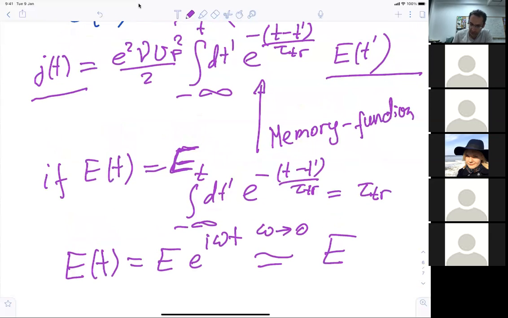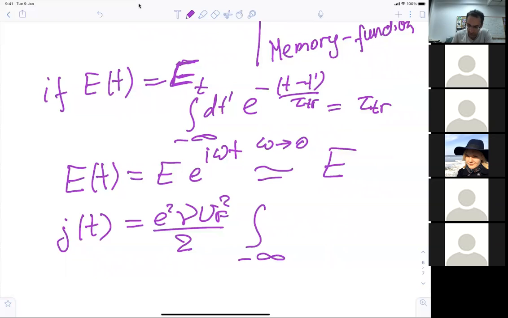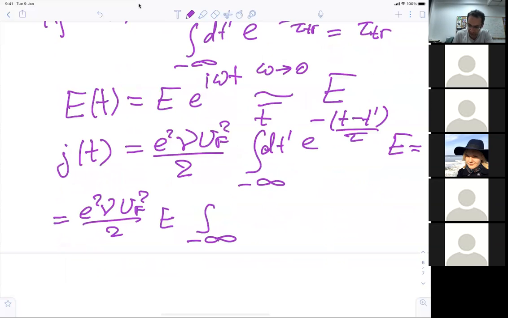Then the current that I computed as a function of time is now E square times density of states times V Fermi square divided by 2 integral from minus infinity to t dt prime e to the power minus t prime divided by tau times E. Then I take this E outside of the integral, it would be E square nu V Fermi square over 2 times electric field times integral from minus infinity till t dt prime e to the power minus t prime divided by tau.